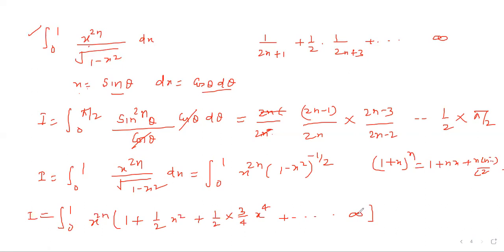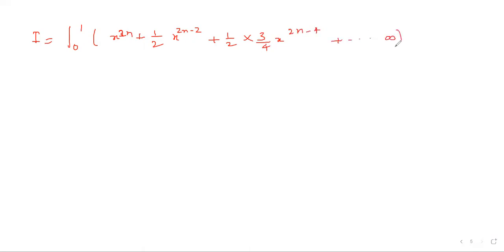Now, if we simplify it further by multiplying x power 2n, so what do we get? We will get I equals integration 0 to 1. First term will be x power 2n plus second term will be 1 by 2 x power 2n plus 2 plus third term will be 1 by 2 into 3 by 4 x power 2n plus 4 till infinity times dx.